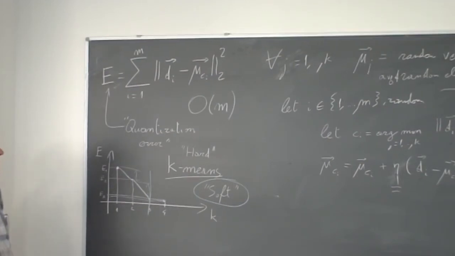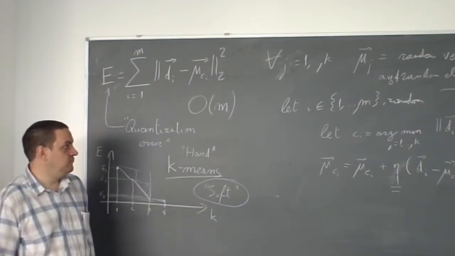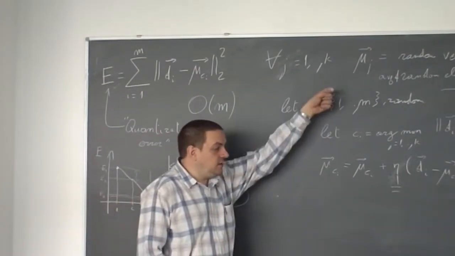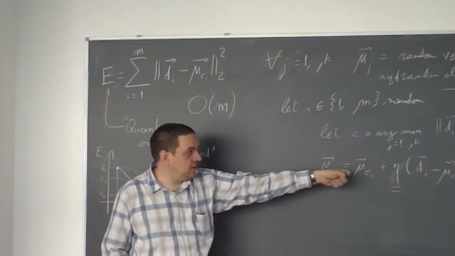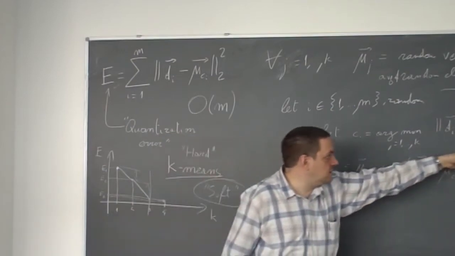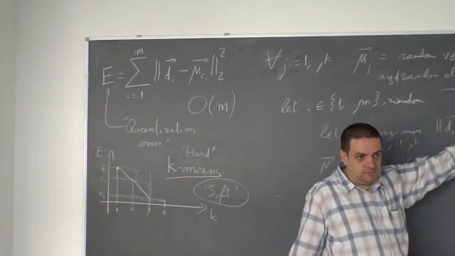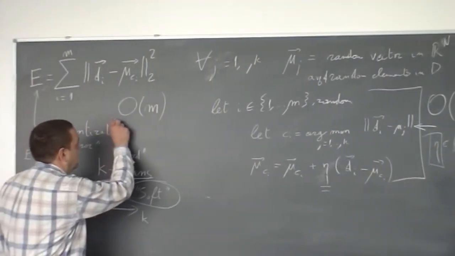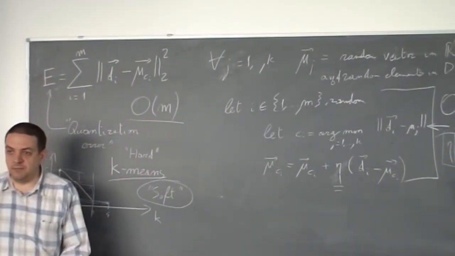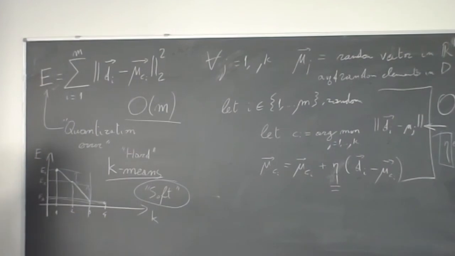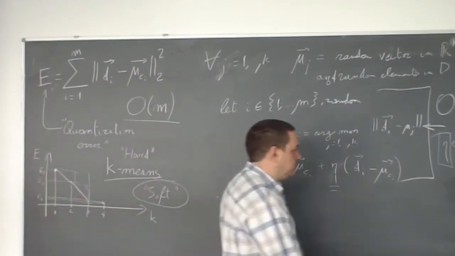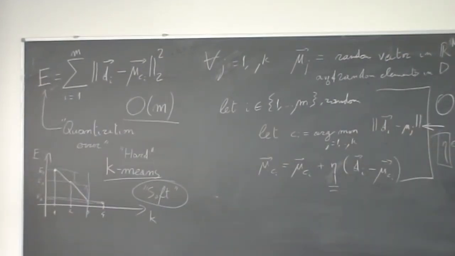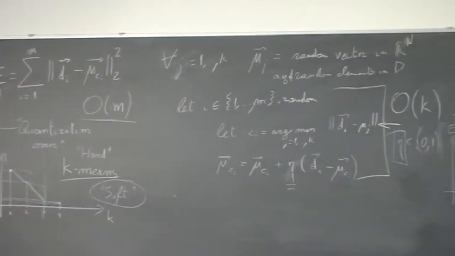Otherwise, it would be more complex. So here we want a basic loop that has a big O of k iteration, and maybe from time to time we accept a big O of m step in order to see what happens to the quantization error as time proceeds.